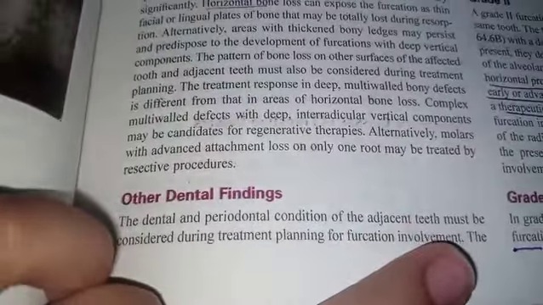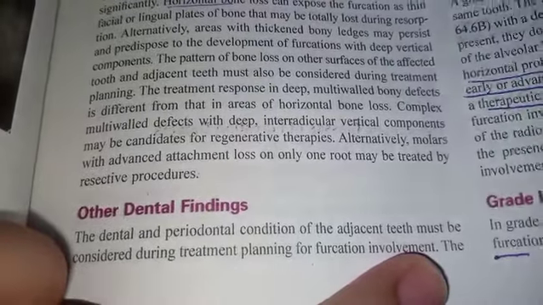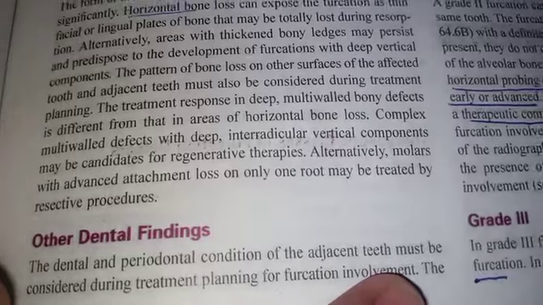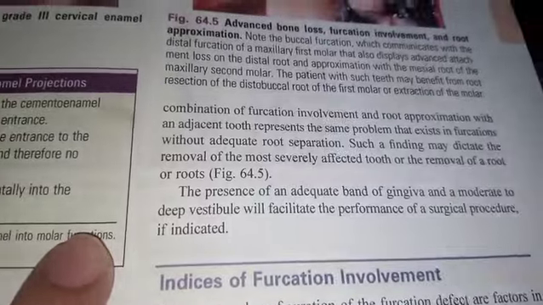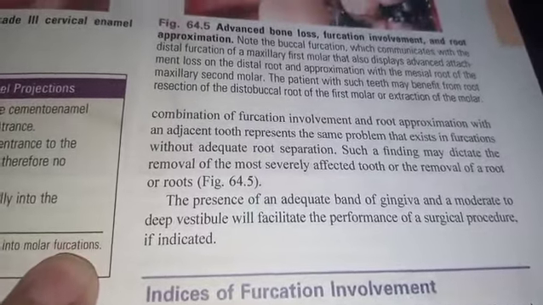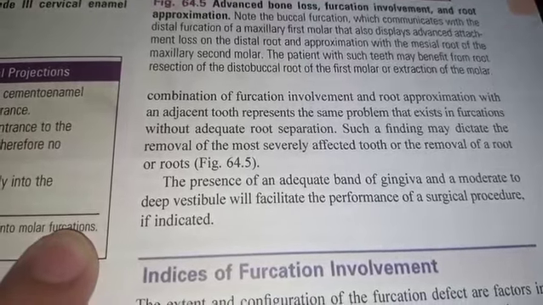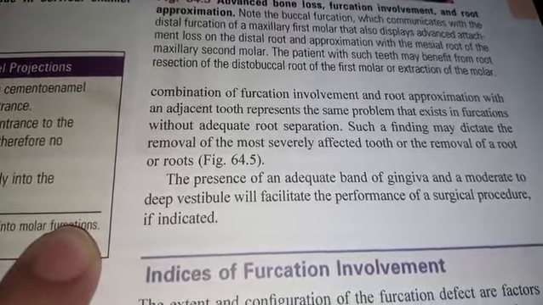Now, what are the other clinical findings? The dental and periodontal conditions of the adjacent tooth must be considered for the treatment, which I have told you already. The combination of furcation involvement and root approximation with adjacent teeth represents the same problem that exists in furcation without adequate root separation.